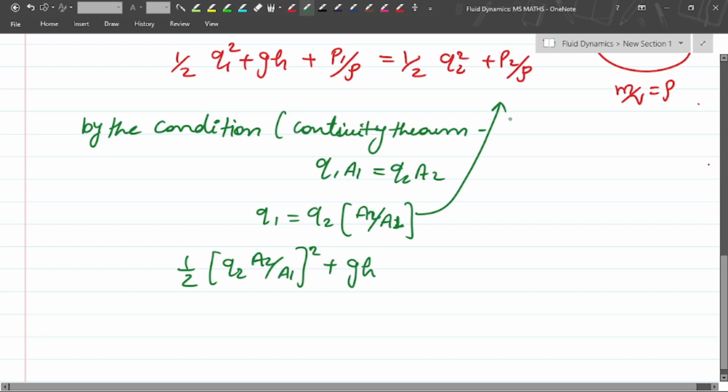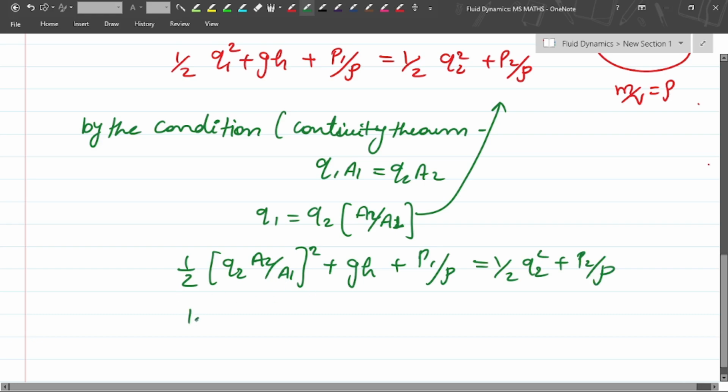We will put this value in this equation, plus p1 upon rho is equal to 1 by 2 q2 square plus p2 upon rho.